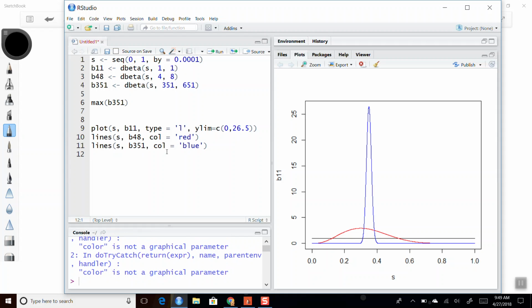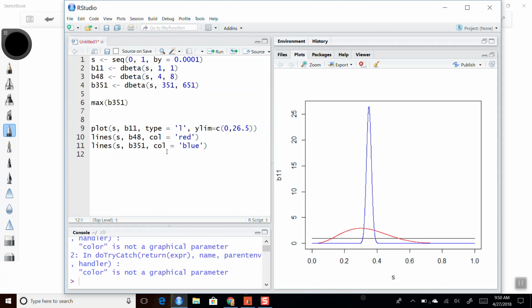All right, demonstrating after looking at our data what we believe are possible values of the proportion in the bucket that are green.